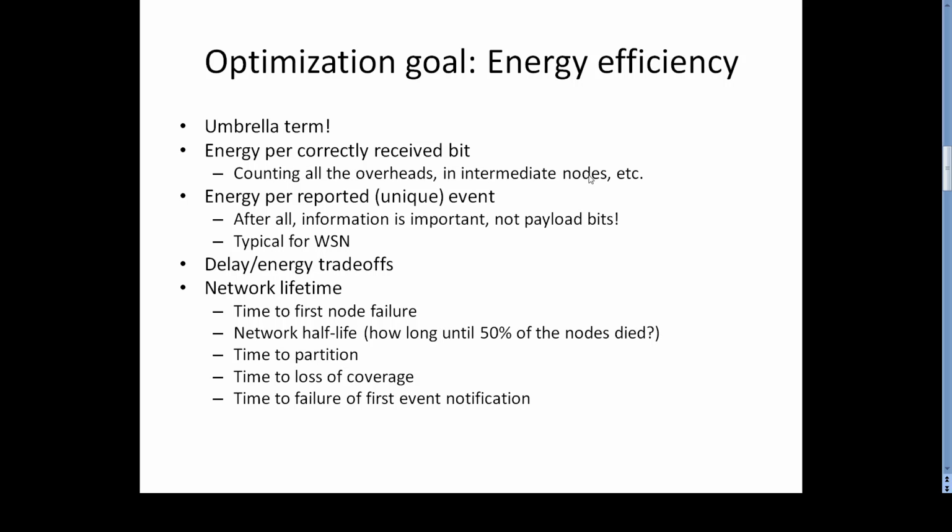That will consume some amount of energy. It is better to reduce the energy required for payload bit transmission, but for the bits that are actually required, we can spend the energy. So energy per reported event matters, after all, information is important, not payload bits.